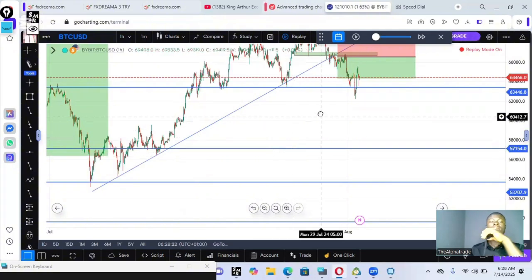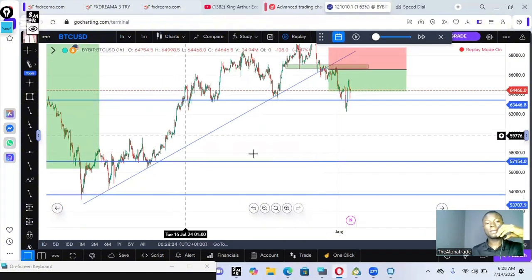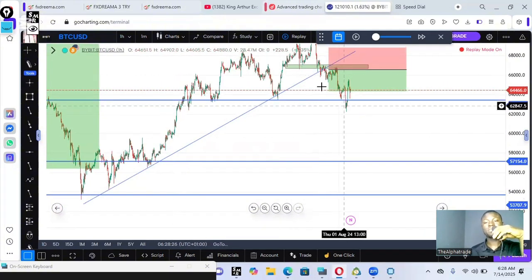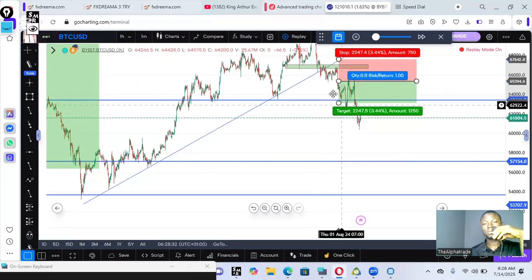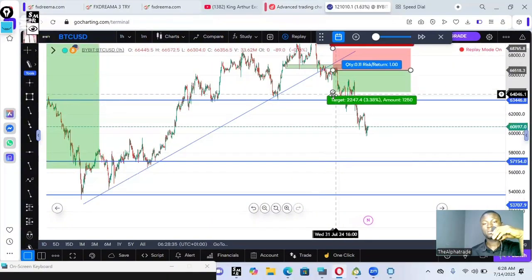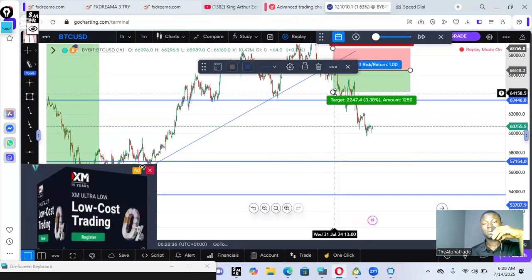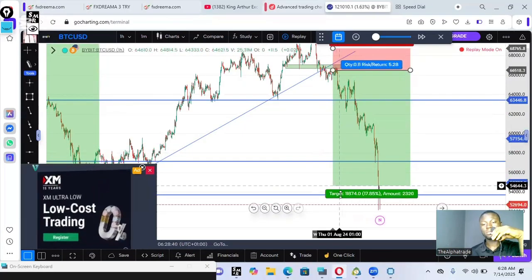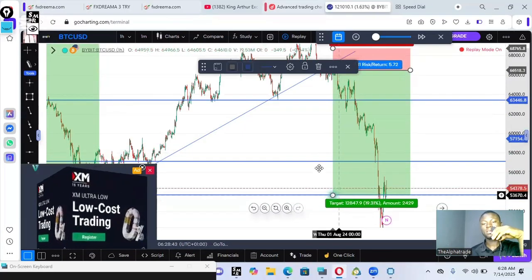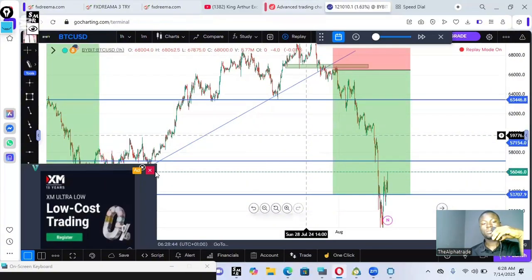Okay, so let's see. First take profit smashed. What is this? First take profit has been smashed, and then the third take profit smashed as well. It's so nice, so simple.